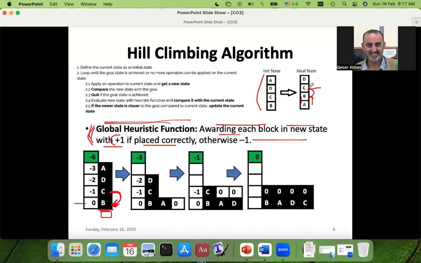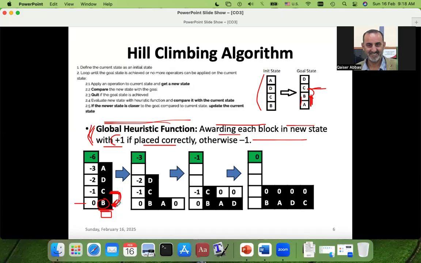So this one thing is clear, that the position of C is not properly placed according to the goal state, because C is at height number 3 in the goal, and here C is at height number 2. But you have to find the difference. Here it is 2 blocks and here it is only 1 block, so the difference is 1, and it is also not properly placed. That is what I was saying, that you have to think deeply.